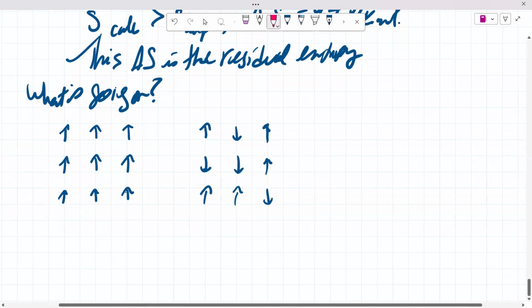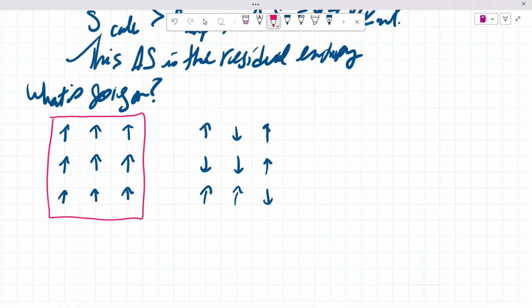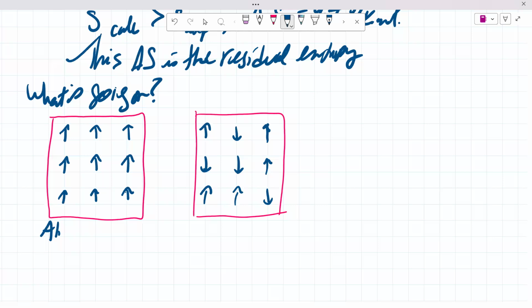Let's put a lattice box around these, and say that's the unit cell. Not aligned.